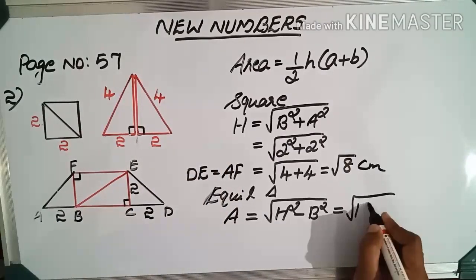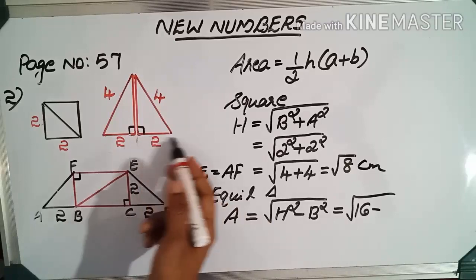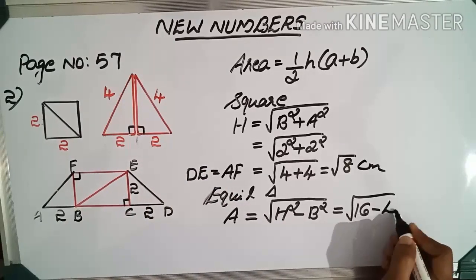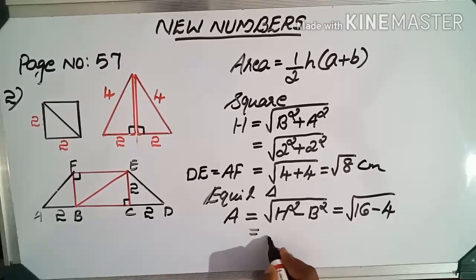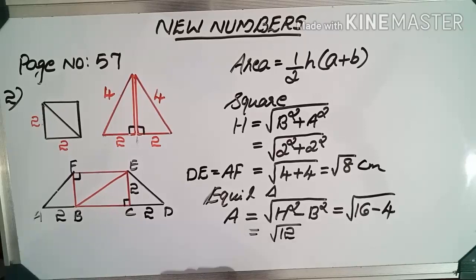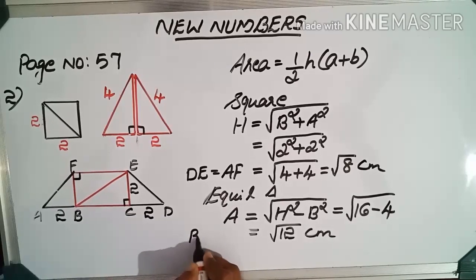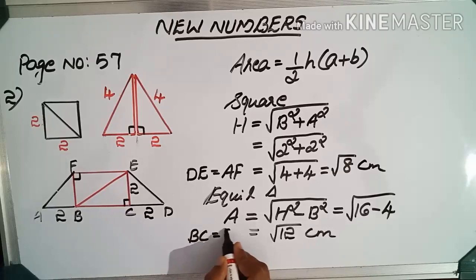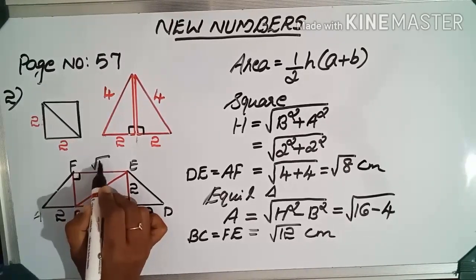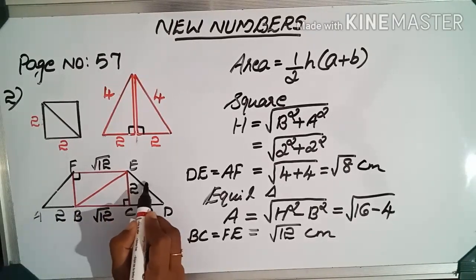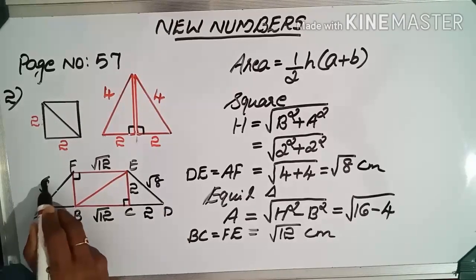So 4 square is 16 minus base 2 square, which is 4. So 16 minus 4 equals root 12 centimeter. So the altitude is root 12. That means BC equals FE equals root 12. So we got root 12 here, here also root 12. These two are root 8, and this also root 8.